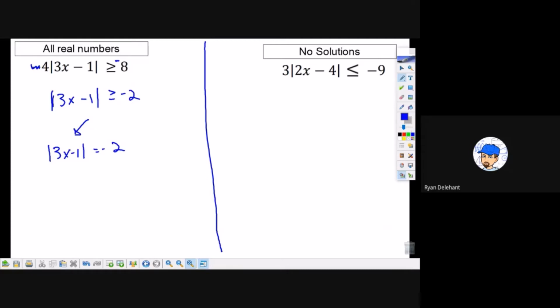Can the absolute value ever output a negative? But our initial reaction to this is to go, well, that means that this is no solutions. So why do I say that this is actually everything?